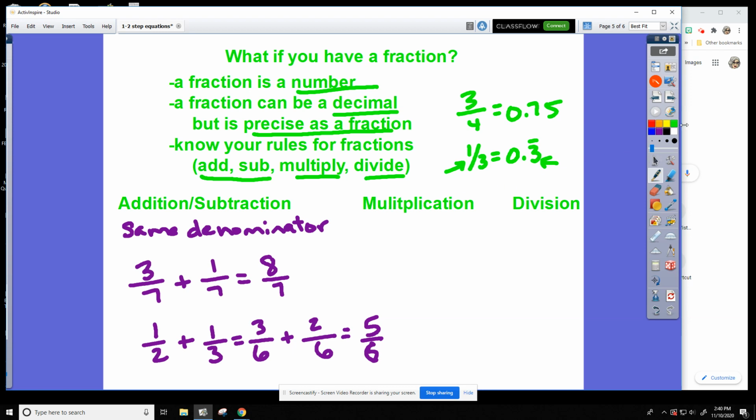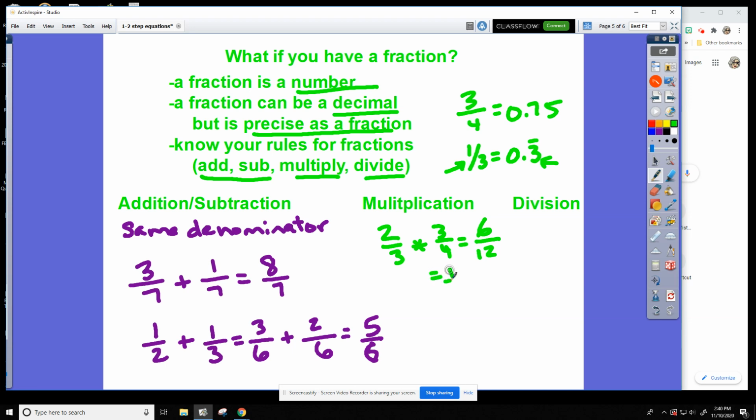Now multiplication, I'll do multiplication in green. Multiplication is the easiest out of the fractions to do. Multiplication, 2/3 times 3/4. You go straight across, not crisscross, straight across. 2 times 3 is 6. 3 times 4 is 12.